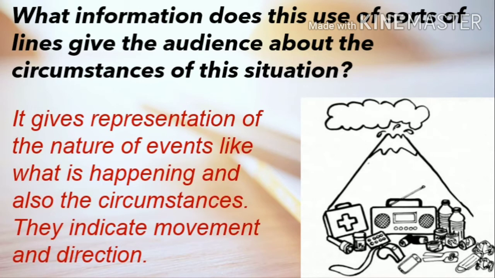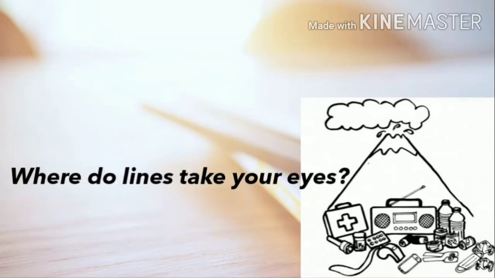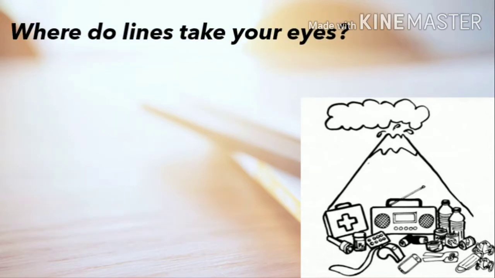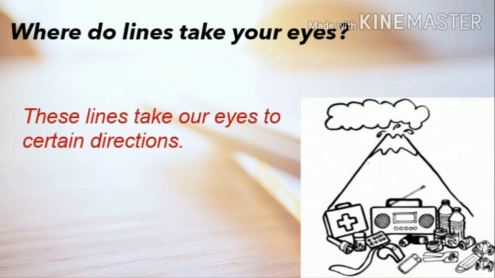We can say that this image gives representation of the nature of events, like what is happening, and also the circumstances. They indicate movement and direction. Where do lines take your eyes? By looking at the image, we can say that these lines take our eyes to certain directions.